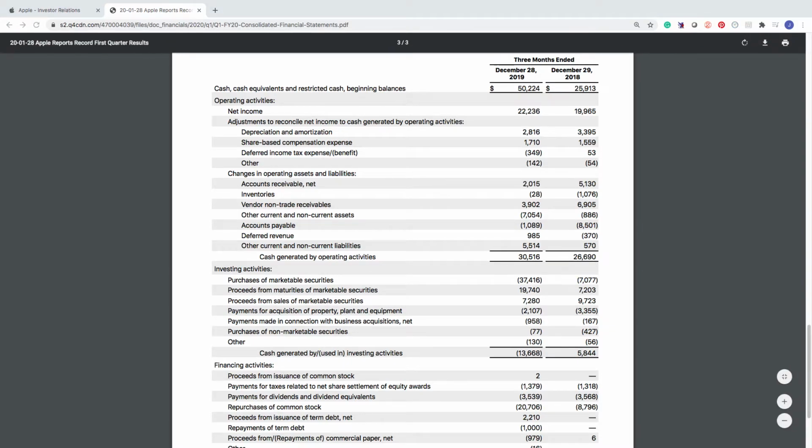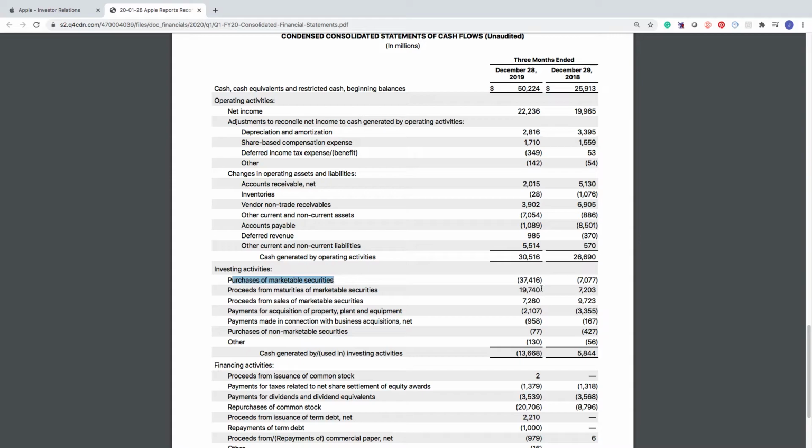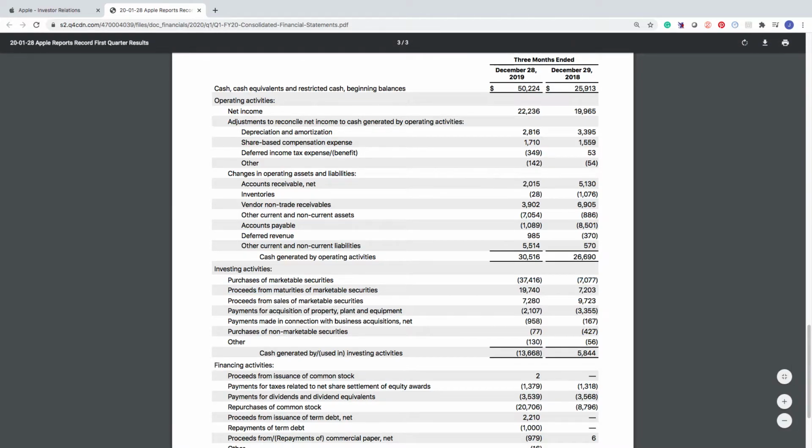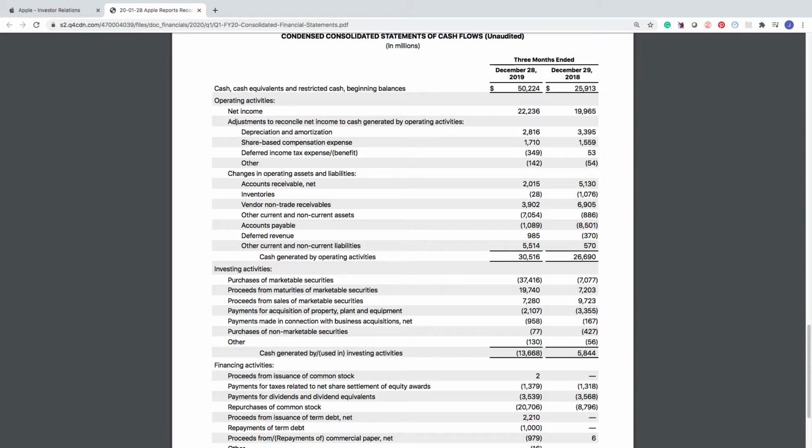The other item which you see here, which is a pretty big item, is 37.4 billion, which is purchase of marketable securities. If you'll recall from our previous discussion on the balance sheet, Apple generates so much cash each year, and it has so much cash just sitting in its bank accounts. What would be the best use for Apple of this cash? Does it make sense to just leave it in their bank account, or does it make sense to invest it in some money market or financial market instrument?